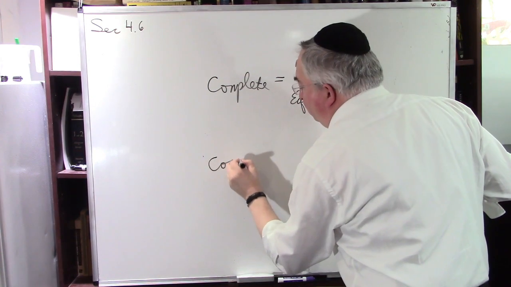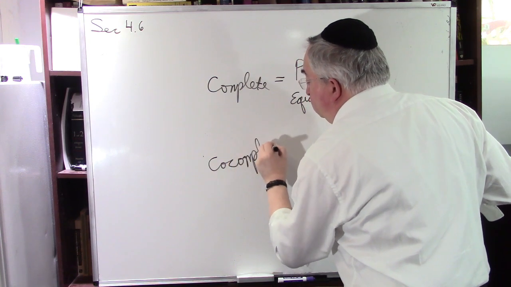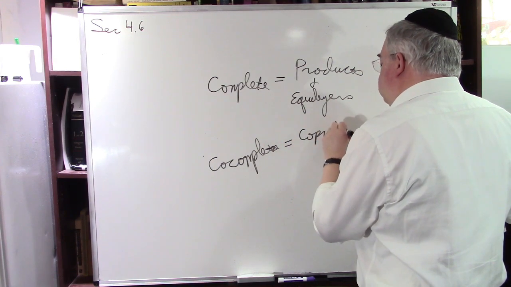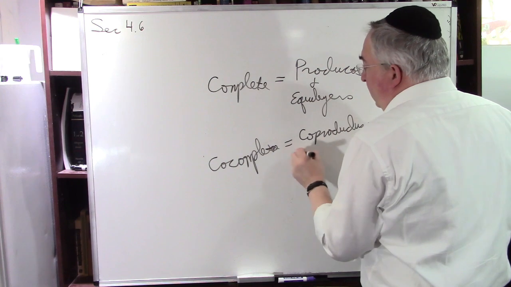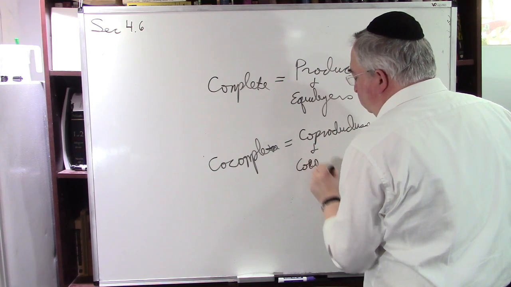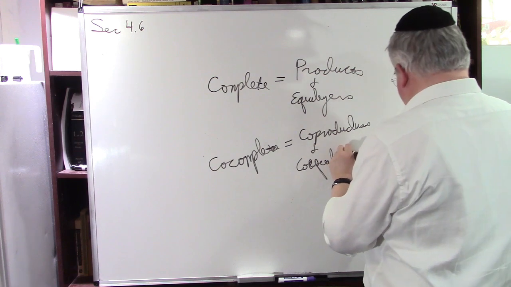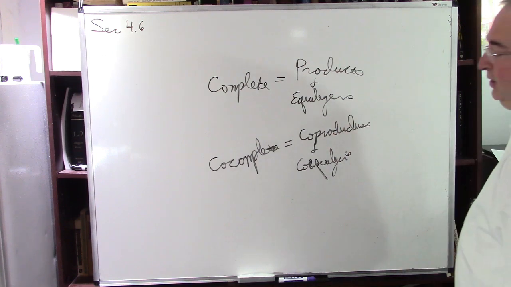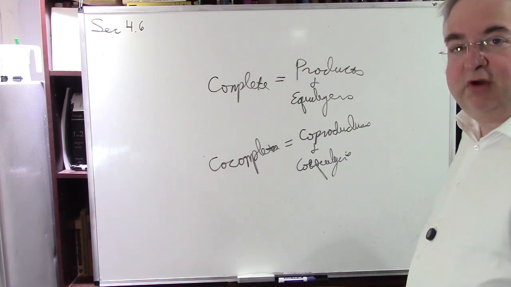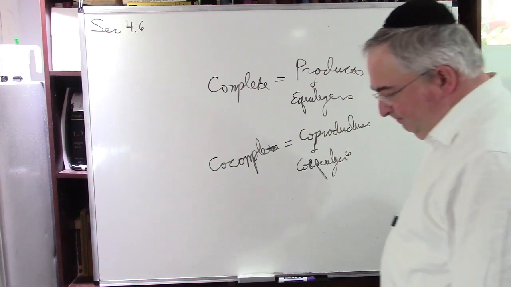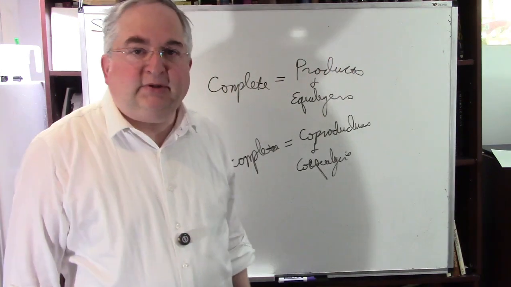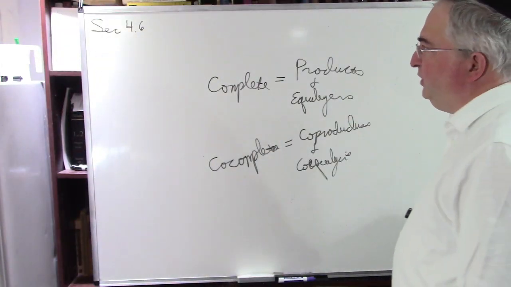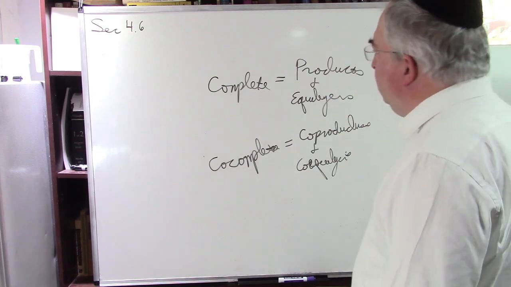A category is co-complete, this is a theorem, if it has all co-products and co-equalizers. And again, you can make changes, instead of co-equalizers, you could talk about push-outs and pullbacks, et cetera. There are lots of different definitions, lots of different theorems showing these different things. Okay, great.